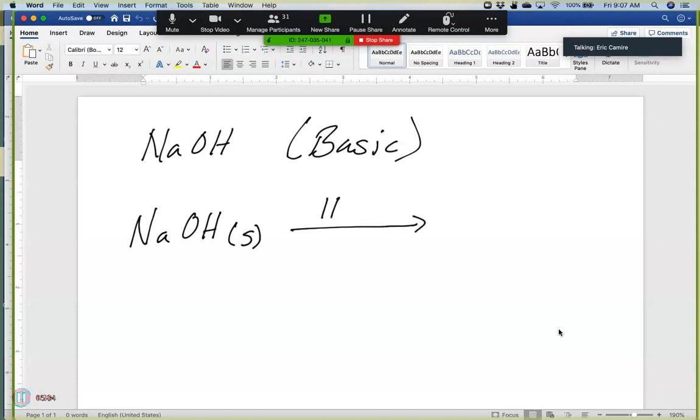Again, we dissolve it into water. I identify what my anion is, identify what my cation is, and separate them. Indicate that they're surrounded by water by saying they're aqueous. And that's it. That's how you write a dissociation reaction.